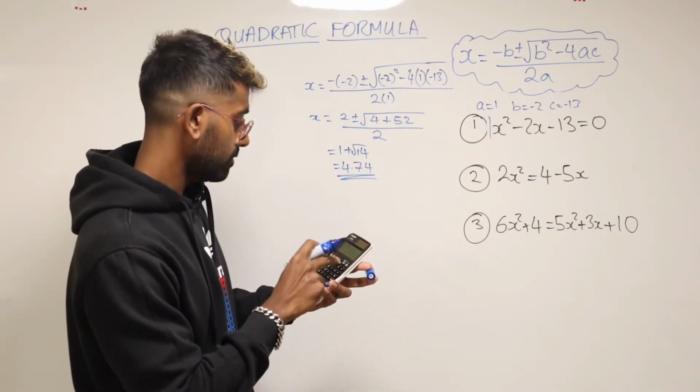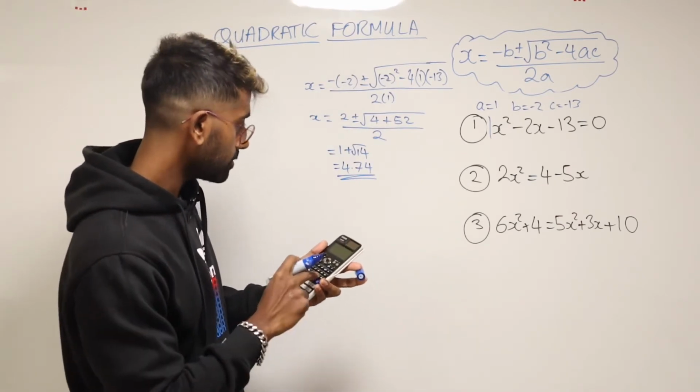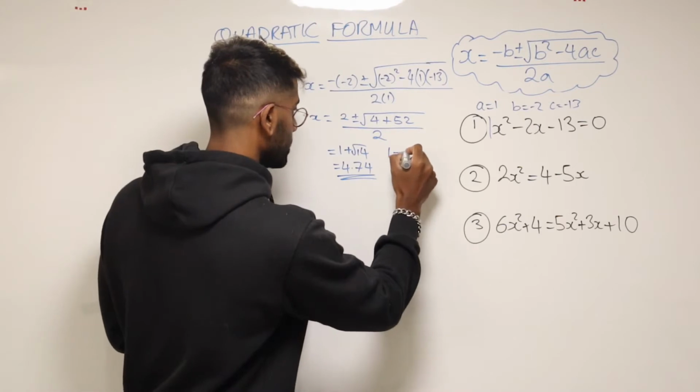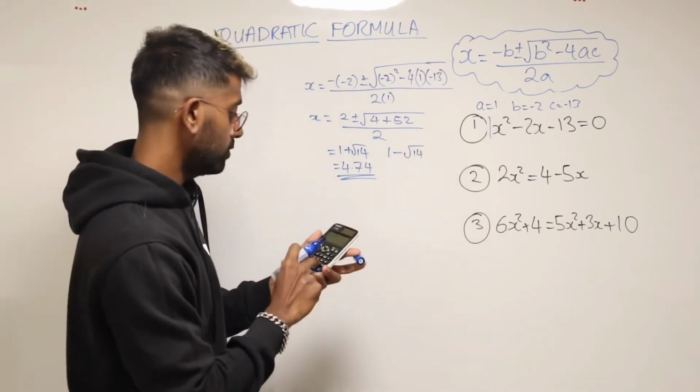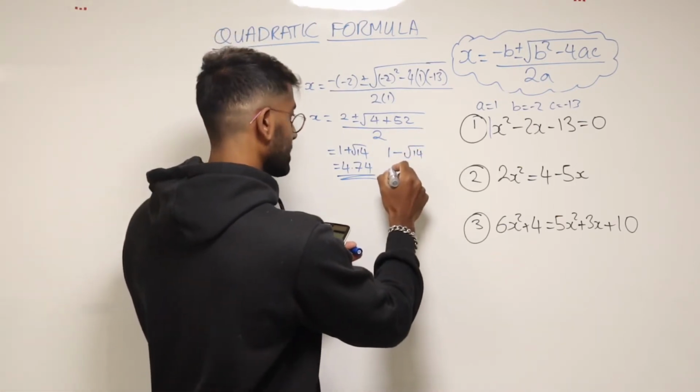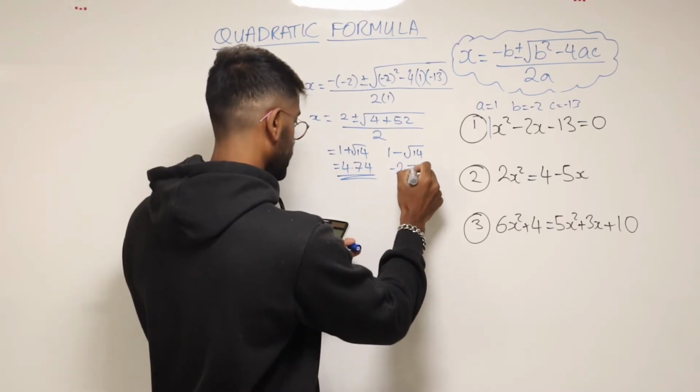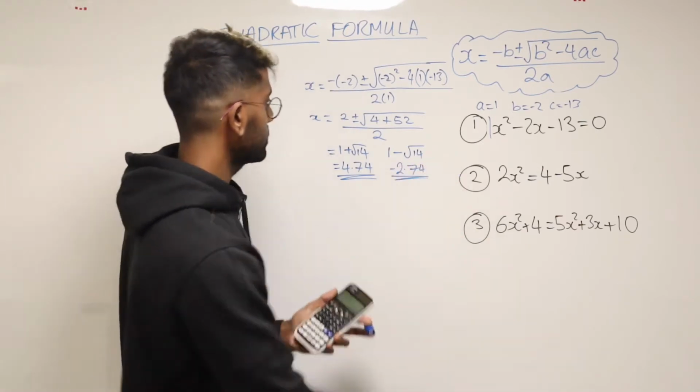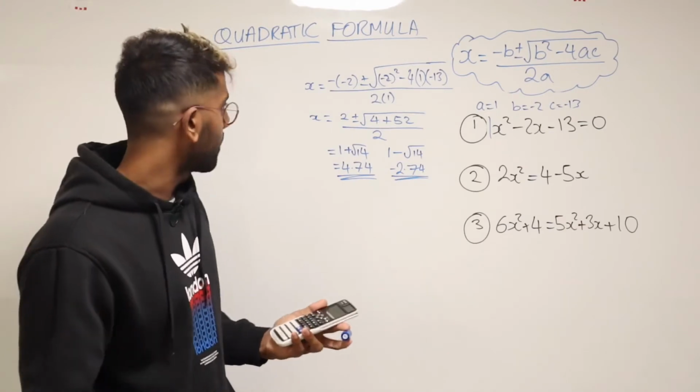And my second answer is 1 minus root 14, or as a decimal, 3 sig figs again, minus 2.74. And there we go, that's the first one done.